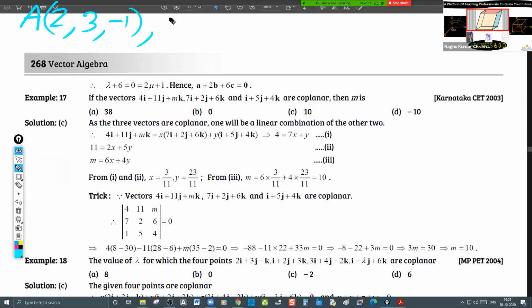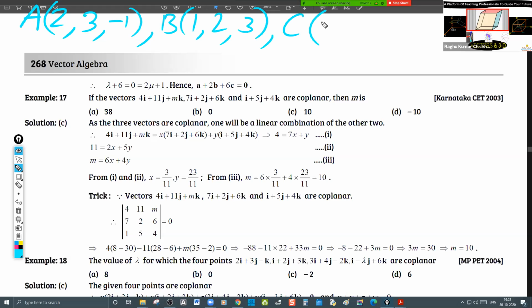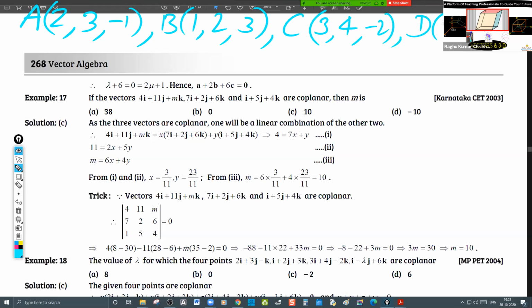B is 1, 2, 3. C is 3, 4, minus 2. D is 1, minus lambda, 6. That's good.